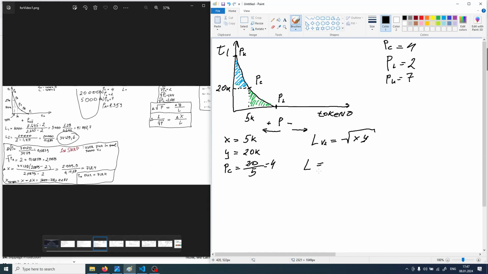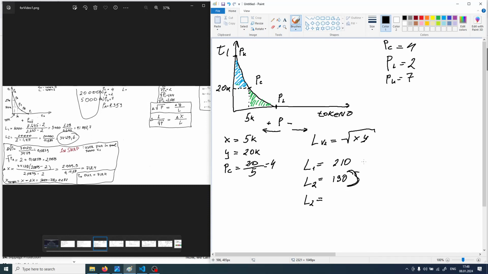Let's just pretend liquidity 1 will be, for example, 210, and liquidity 2 will be, I don't know, like this, 190. We must choose liquidity 2.